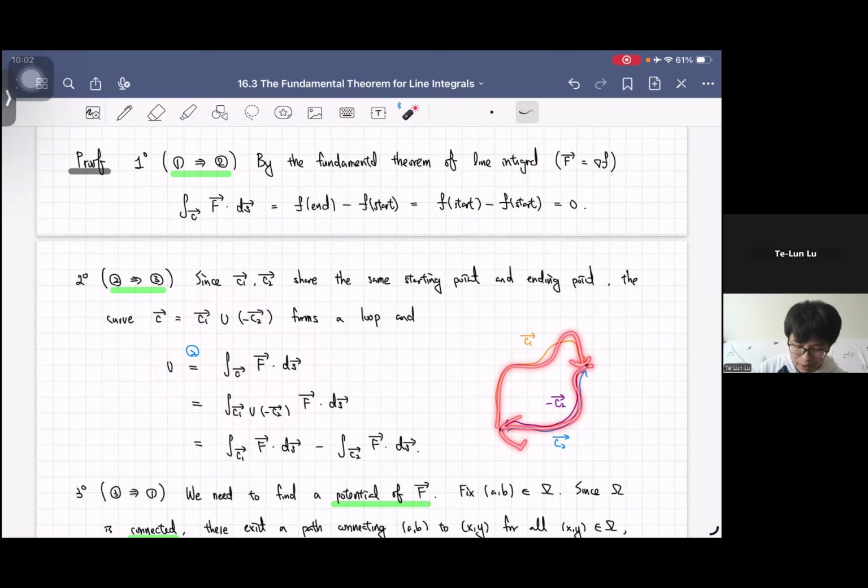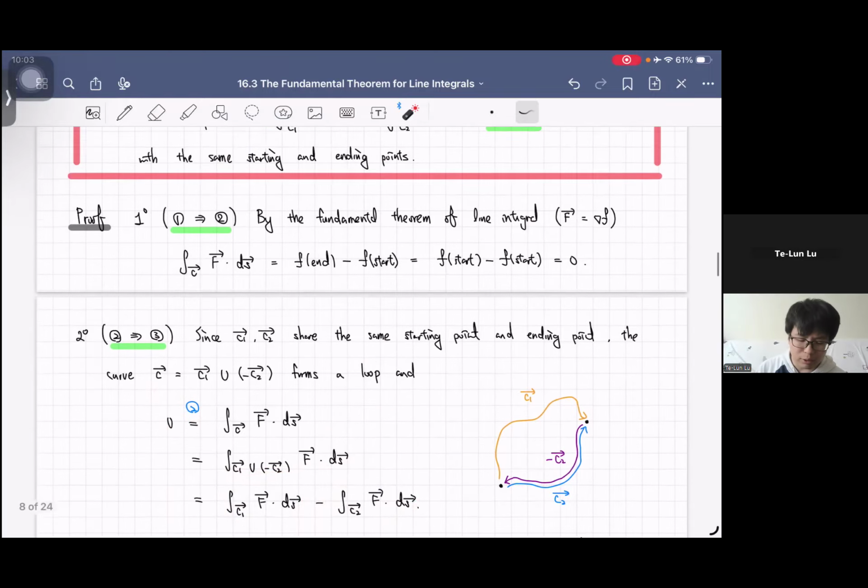In this case, it is C1 and minus C2. And we learned last time that if you're going in the opposite orientation, then integration over minus C2 is simply integration over C2 together with a minus sign. So you have a minus sign here. So we see that actually the integral over C1 is equal to the integral over C2, because this thing is equal to 0.